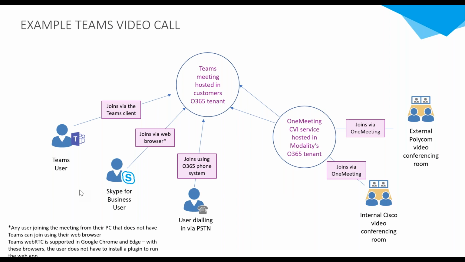We see our OneMeeting service as a catch-all transition tool to enable these other endpoints to join into the same meeting. So again, being able to widen the use cases for using Teams meetings to maybe external companies that have video conferencing rooms, or to include video conferencing rooms in your environment that don't natively talk to Teams, we can integrate those in via the OneMeeting service.